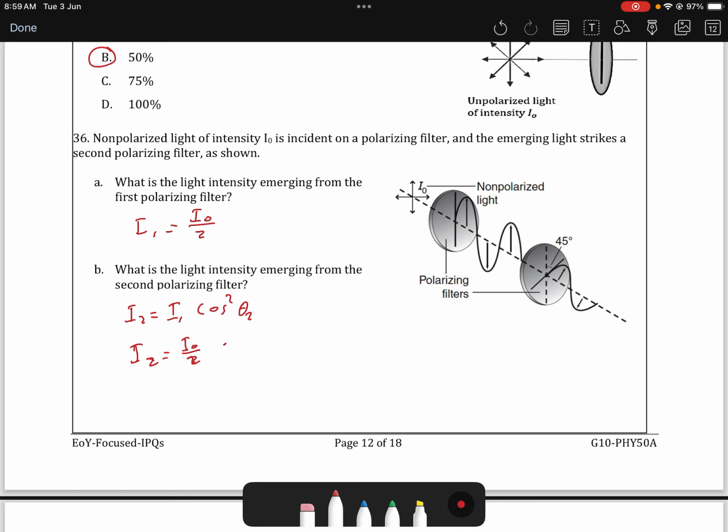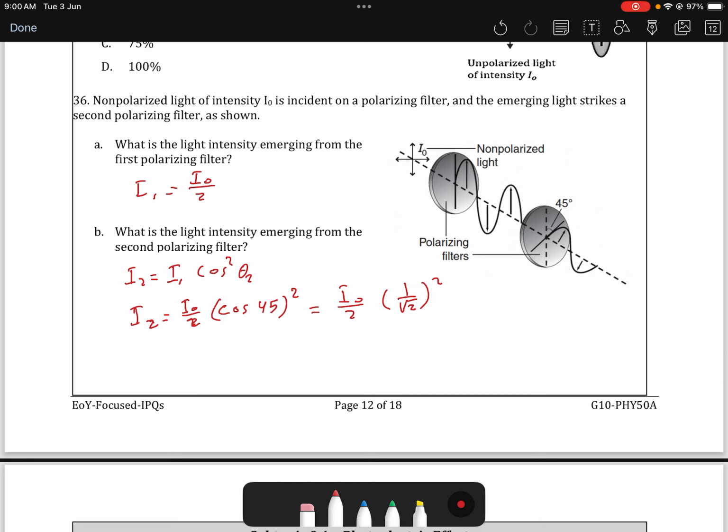Now cosine 45. That's how we should write it in the calculator. Put the cosine and the angle between two brackets and write squared. That means I0 over 2 multiplied by 1 over radical 2, squared. So the answer is I2 equals I0 over 4.